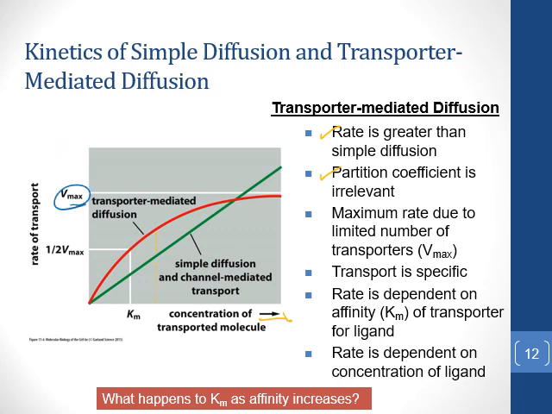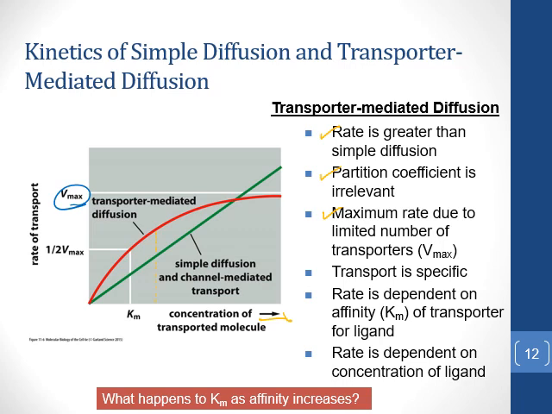Let's get rid of this. That's the maximum velocity. And again, that's due to the fact that you've got a limited number of transporters. Now the other thing here is that transport is specific. What does that mean? Well, if you've got a transporter that's responsible for moving a molecule across the membrane, typically that transporter is going to move just that molecule. It's not going to move a bunch of other molecules.